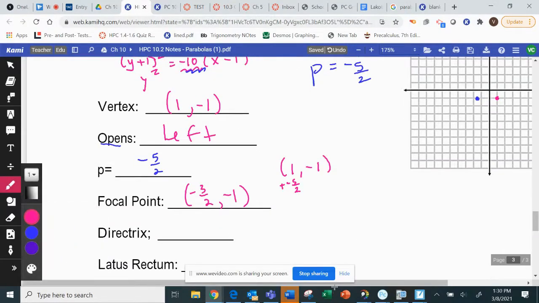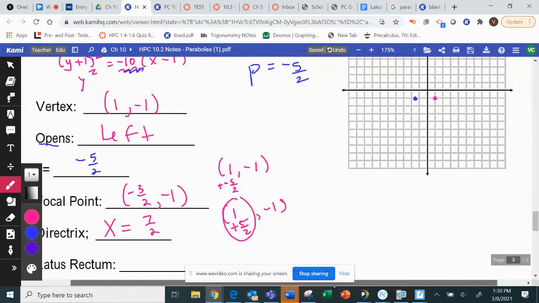Then we have to do the opposite for the directrix. We're going to take the 1 and we're going to add 5/2. And then what we're changing is the variable that we're going to use for the directrix. So we're changing the x's and we'll get 7/2. x equals 7/2 will be my directrix.